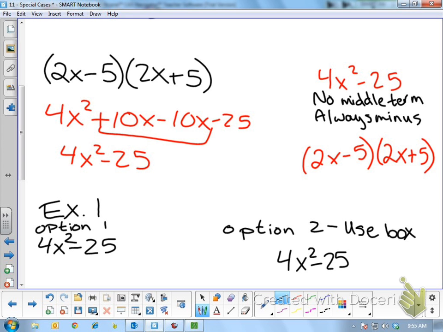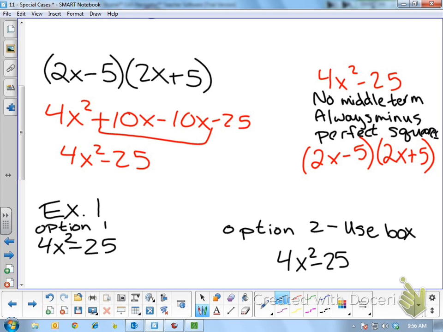Okay. Does anyone know the name for numbers we can take square roots of? We call them perfect squares. So those numbers are perfect squares. We can take the square root of each number.